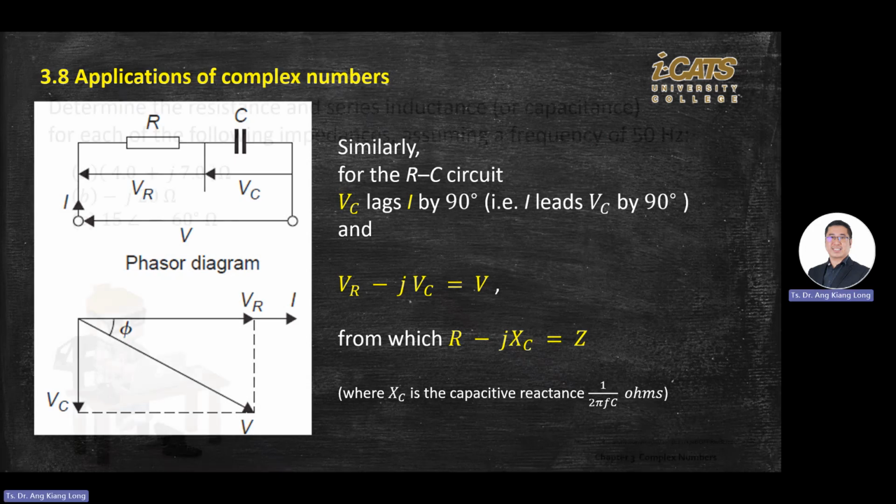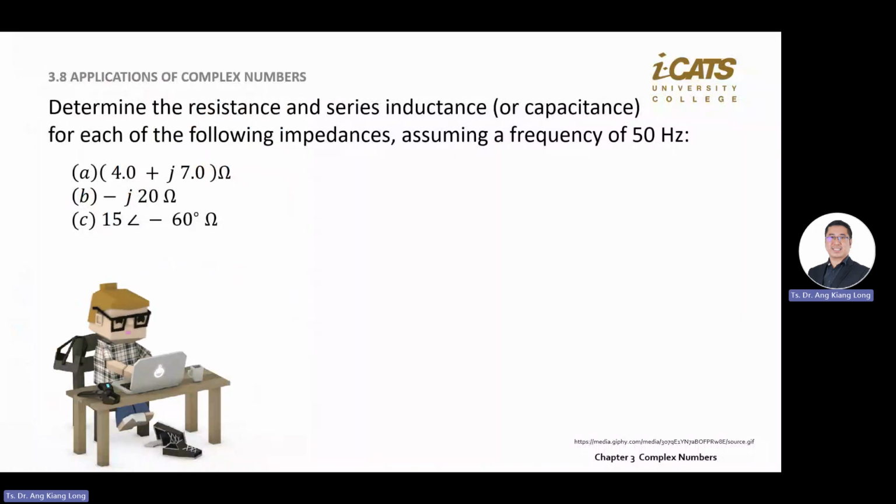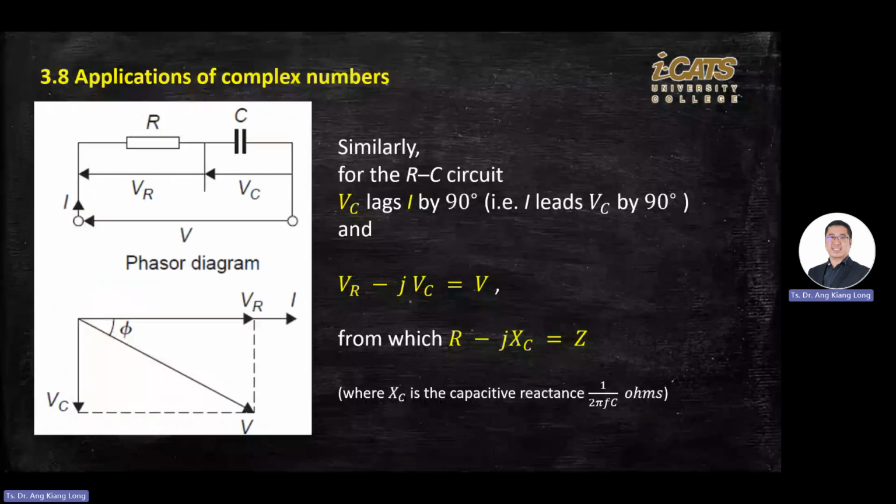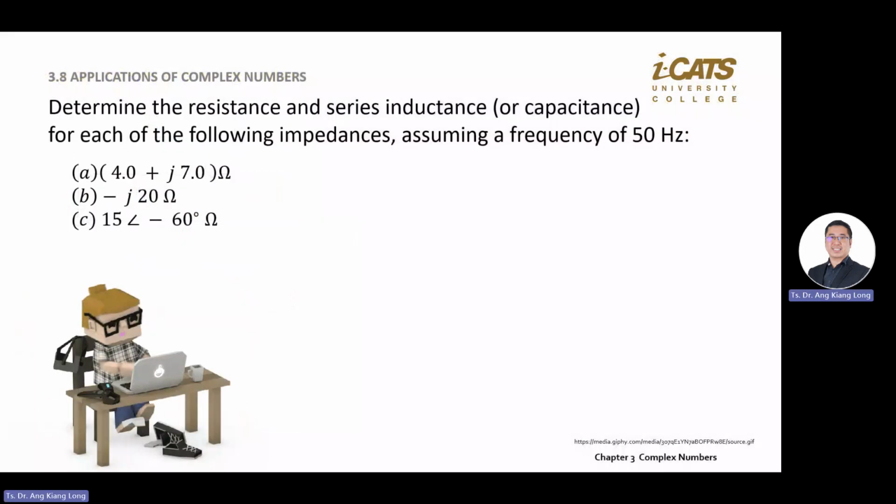Okay, let's see how we apply this with the complex number. This one is actually already an application in the electric circuit. So that's why I spent some time to explain what C and L are. Then we go into application. So we want to determine the resistance. Series inductance, resistance is R. Series induction is L, or it can be capacitance, which is C. It can be L or C. It depends.